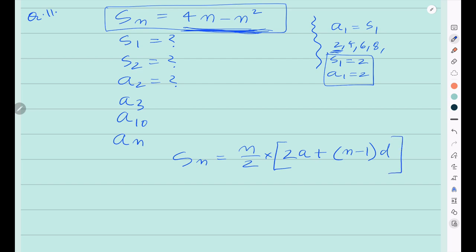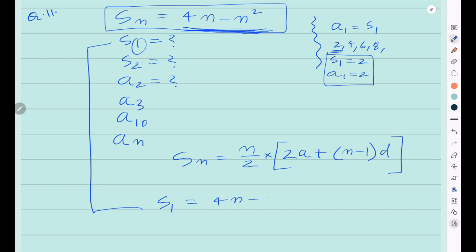This is what it is, isn't it? Okay, so one thing very easily we can find out is S1. Do you know how? We just have to put the value of n here.